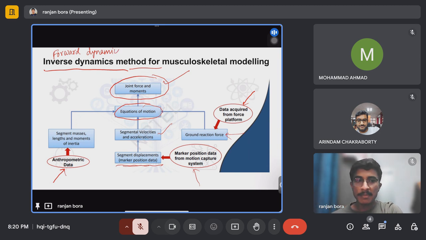In the forward dynamics approach, we already know the force parameters, meaning force values. I will explain in the next class. Is it okay? Yes. Okay.